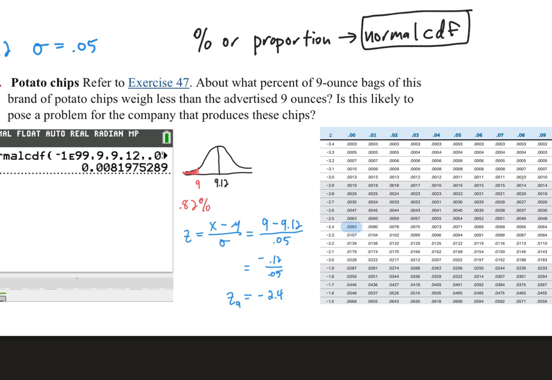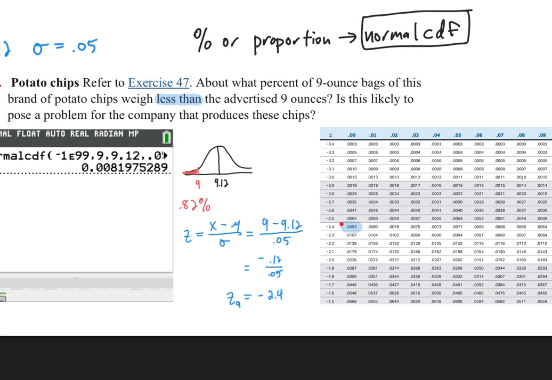Notice this is the percent that's less, the area that's less than that value, and that's what we wanted. That weighs less than. That was in the problem, less than. And that's what these give you, naturally. If they want greater than, that's when you have to do 1 minus, or 100 minus the percent. But in this case, this is the answer.